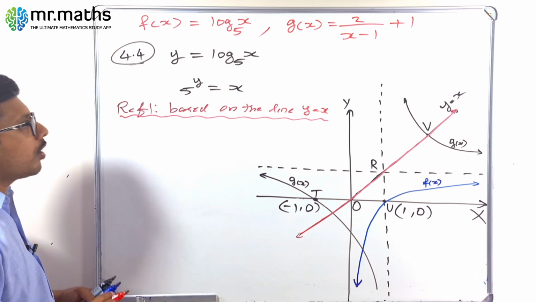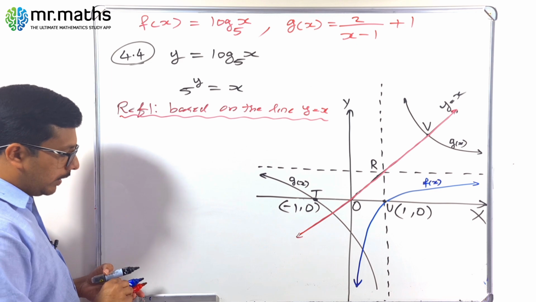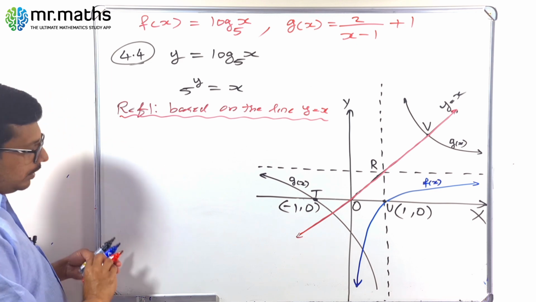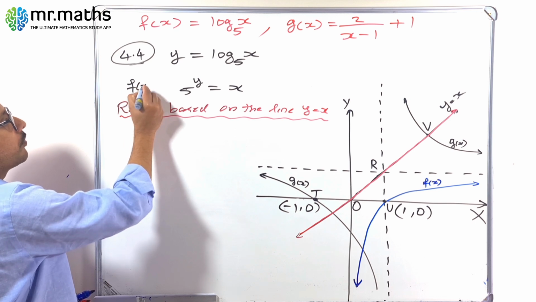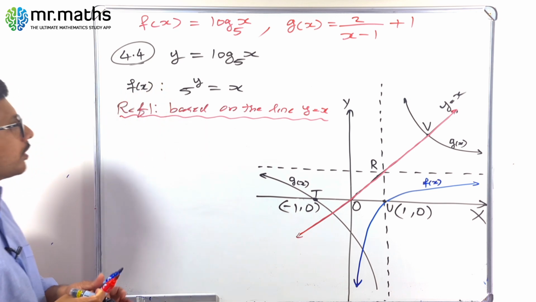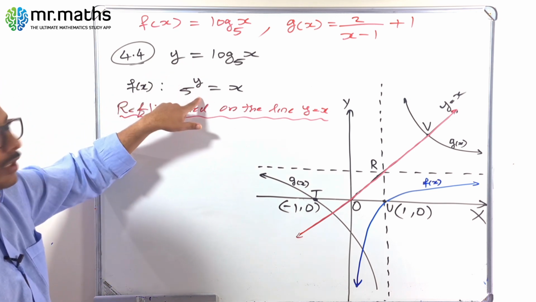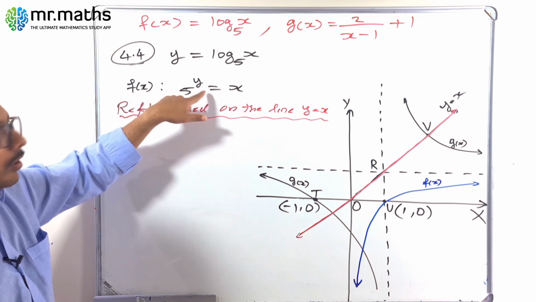You just swap x and y. So what is this one? This is our f of x graph, is it not so? This is our f of x, the same one. Okay, so this is our f of x graph.